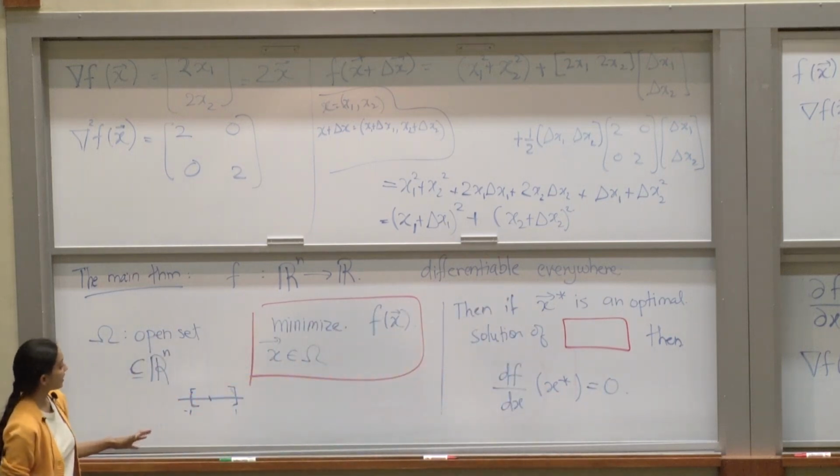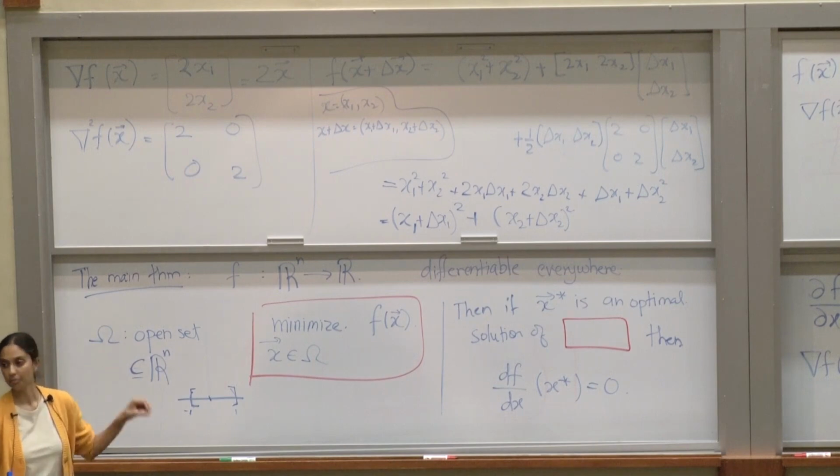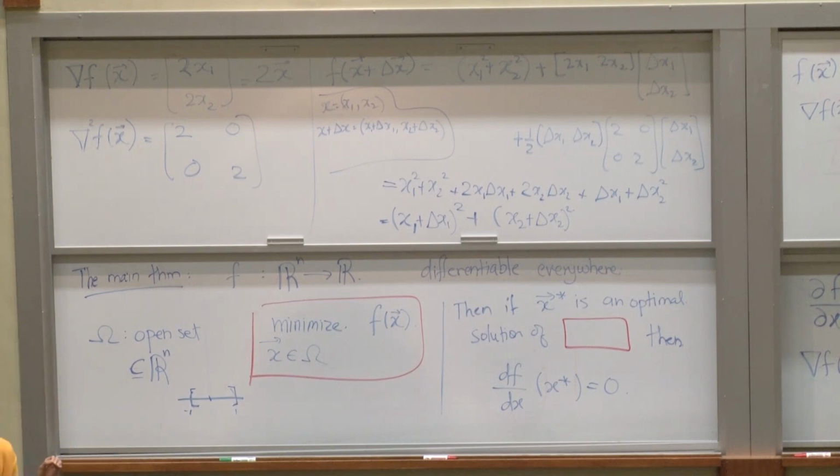So what this is saying is that the optimum value is attained at a point where the derivative is 0. Okay?